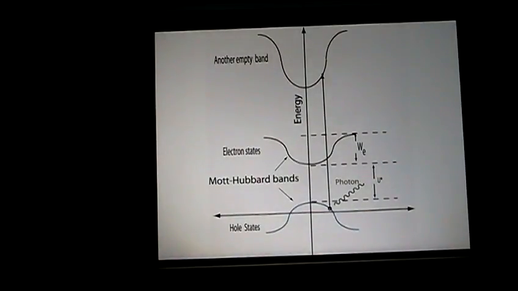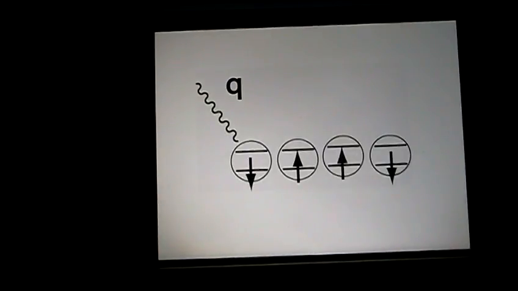But as I will show you in the next transparency, this highly excited electron can land in the upper Hubbard band and give this extra energy into creating another electron-hole pair excitation from the Hubbard insulating state. I can understand this by going back to the strong on-site limit, with the photon coming in.